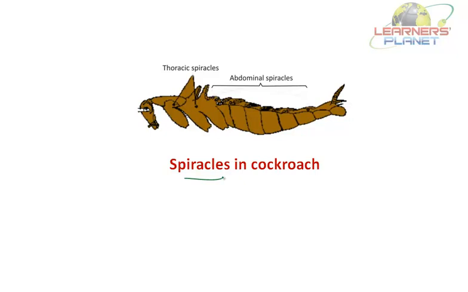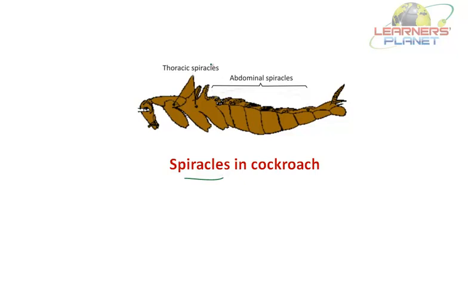Insects have a network of air tubes called trachea for gas exchange, where oxygen-rich air rushes through spiracles into the tracheal tubes and it diffuses into the body tissue and reaches every cell of the cockroach and other insects too. Similarly, carbon dioxide from the cell goes into the tracheal tubes and moves out through spiracles. So, these air tubes or trachea are found only in insects and not in any other group of animals.